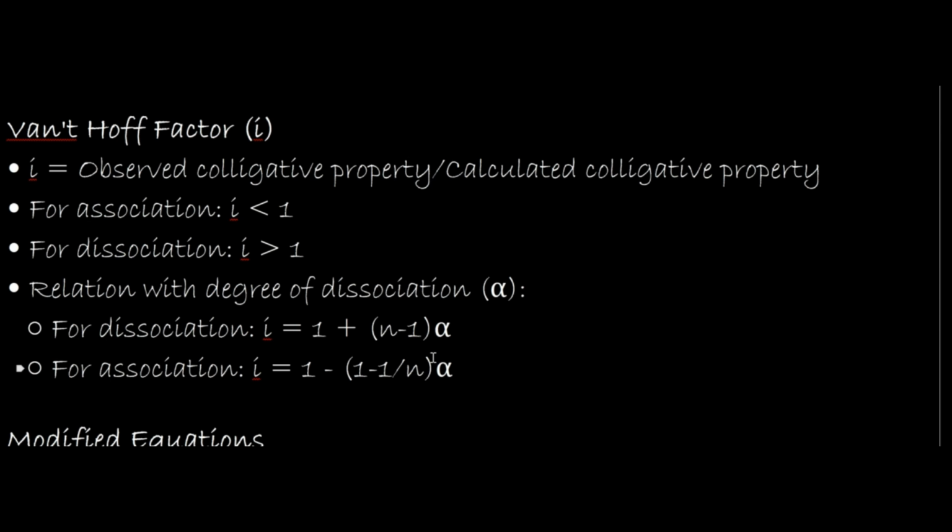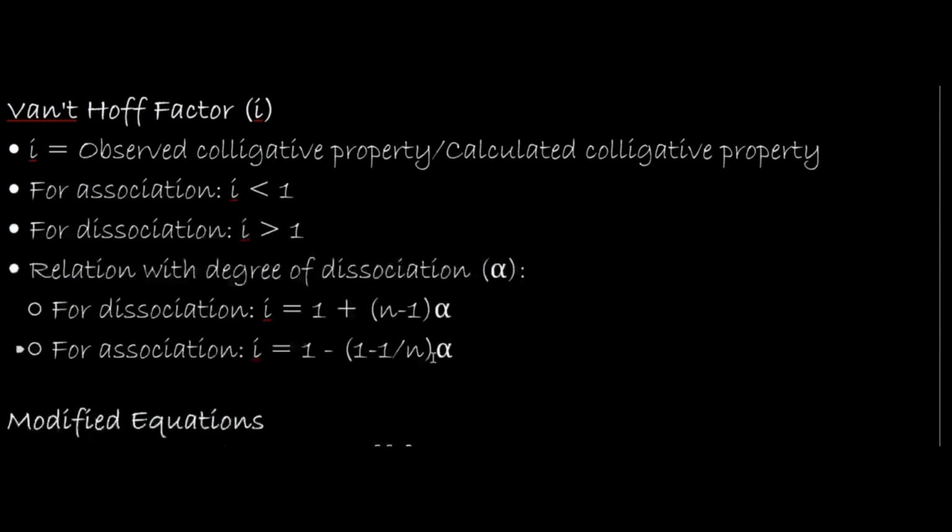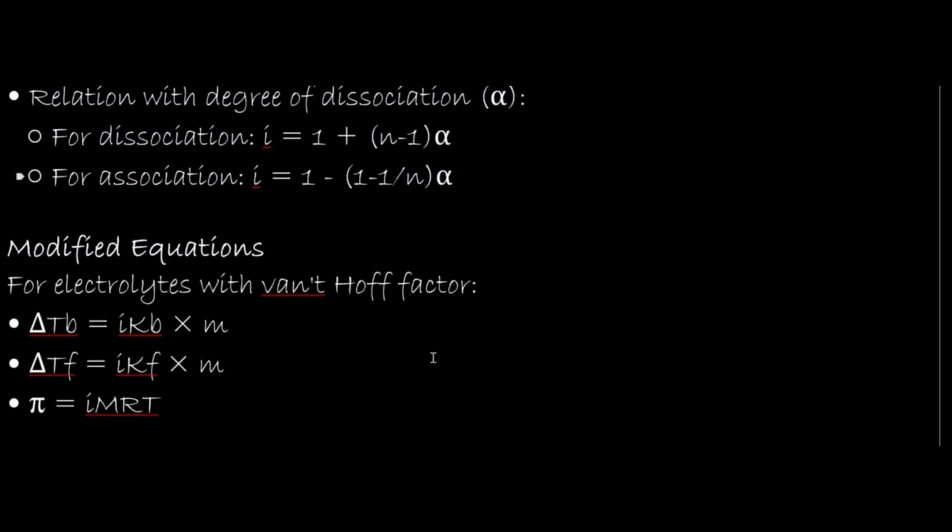How does it affect the colligative property? Let's see the changes represented by the modified equations. Here you can see the elevation in boiling point delta Tb is equal to i into Kb into m.